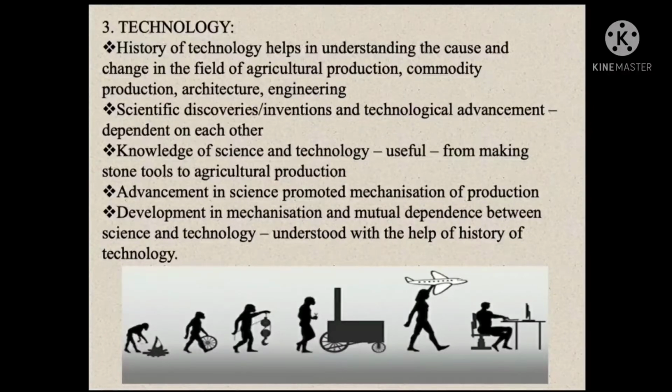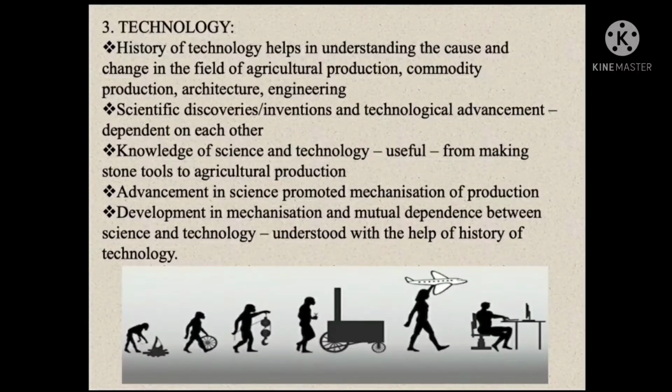Nowadays, because of technology, there are many machines like tractors that do all the work related to agriculture, like sowing, plowing, harvesting, winnowing, etc. And these machines do better work. It leads to an increase in production.